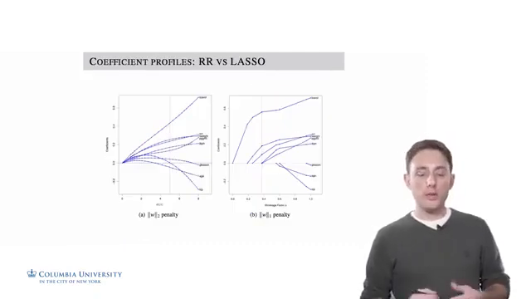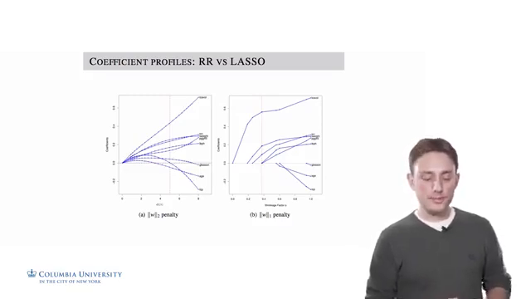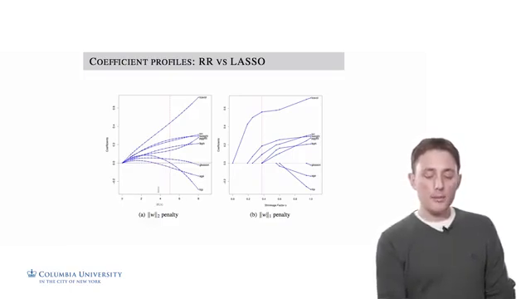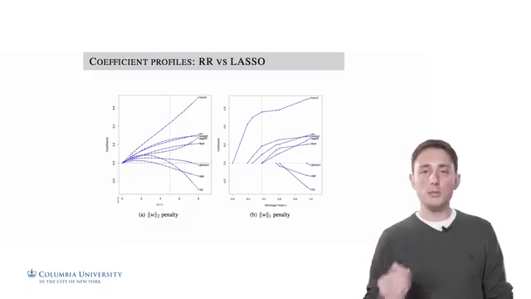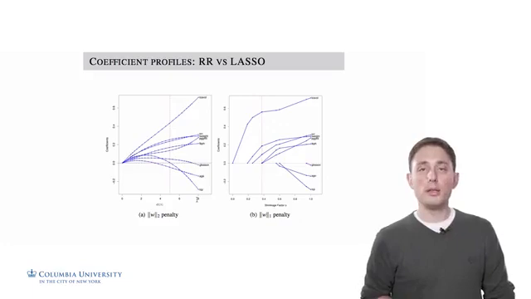So let's look at the coefficient profiles of the ridge regression solution versus the Lasso solution. So again, the way to think of this x-axis is as some function of the regularization parameter lambda. So as lambda goes to 0, remember that we get the least squares solution back, and so that's at this point.